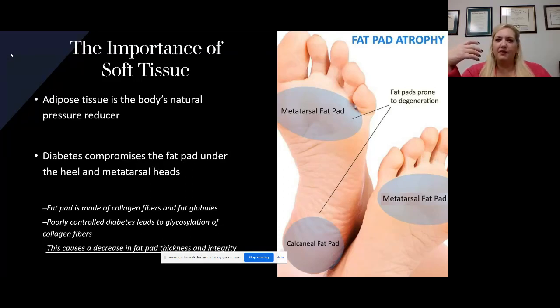The fat pad is made of these collagen fibers, and poorly controlled diabetes will lead to glycosylation of the collagen fibers, and that will lead to the collagen thickness in the fat pad to decrease until we lose that natural cushion, and the patients will be walking almost on the bone, especially underneath the metatarsal heads, and that's an area that we see a lot of callus formation, skin breakdown, and then ultimately ulcer development to occur.